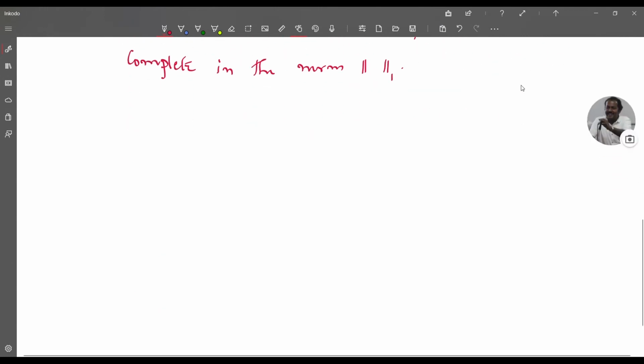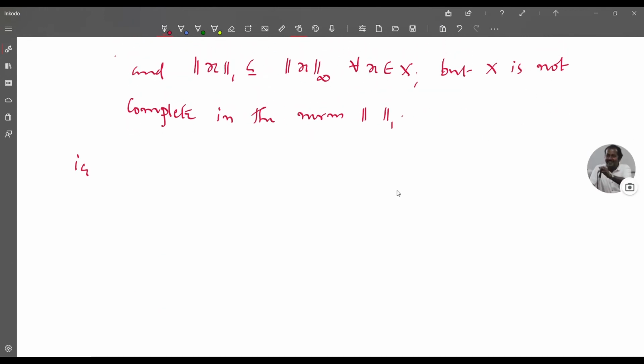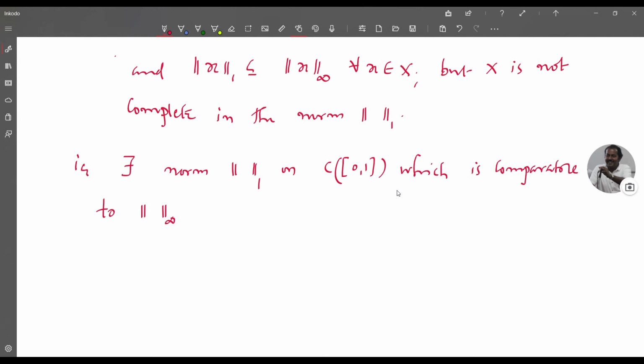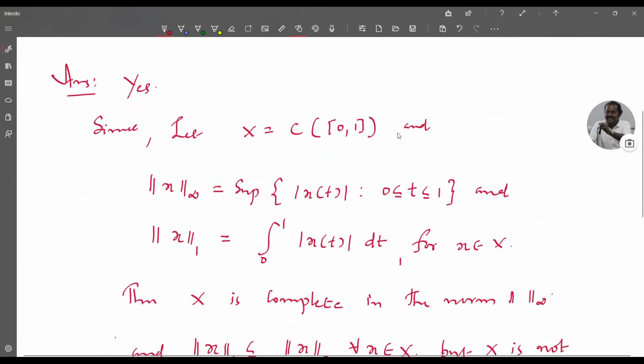That is, there exists a 1 norm on C01 which is comparable to the sup norm, but X is not Banach in the 1 norm. So the answer to the first question is yes.